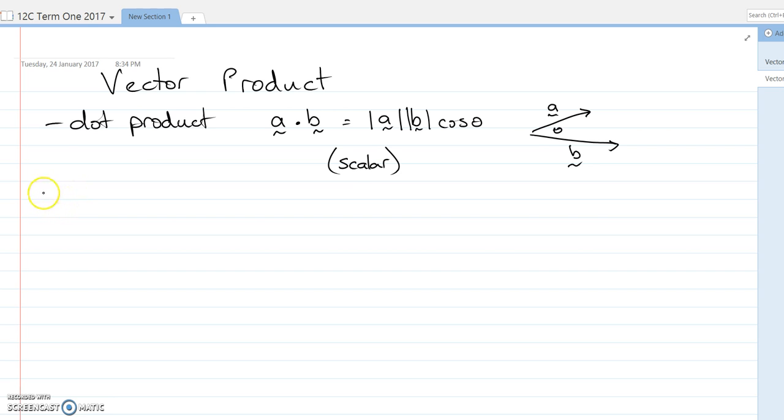But the one we're doing today is the cross product, and this one will give us a vector.